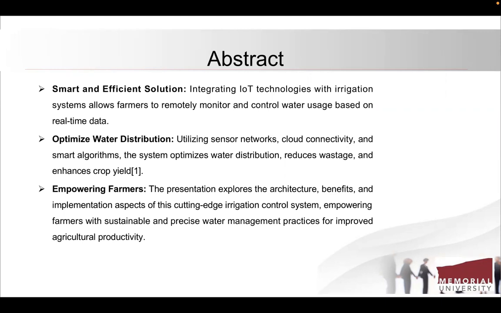It reduces wastage and enhances crop yield. Empowering the farmers, the main advantage of this control system is that it gives cutting-edge technology to farmers, and the whole process of irrigation is automatic.